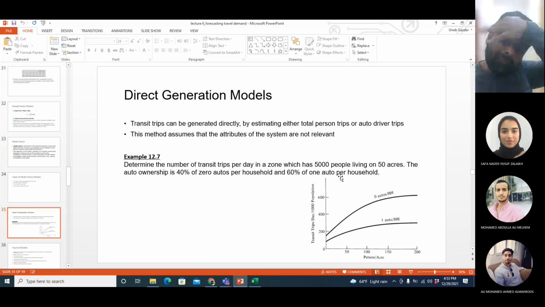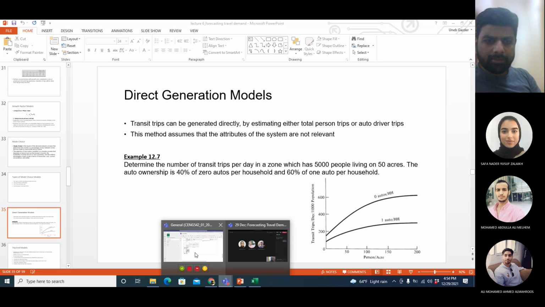And the number of transit trips per 1,000 people is given here. So how many people per acre do we have? 5,000 divided by 50, how much do you get? 100, right? 100. Let me come here.